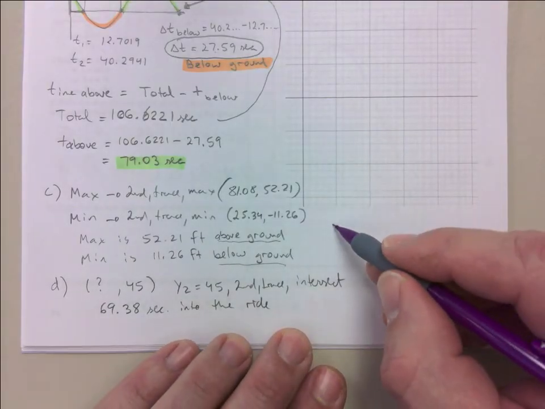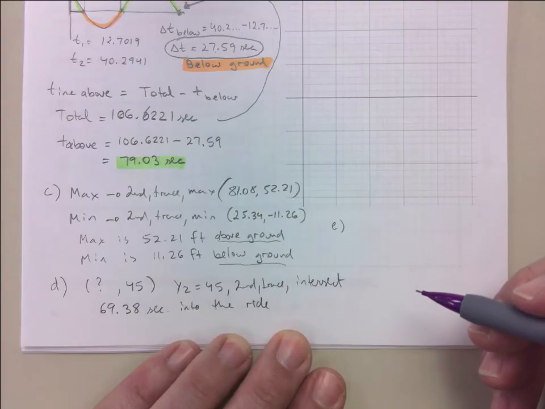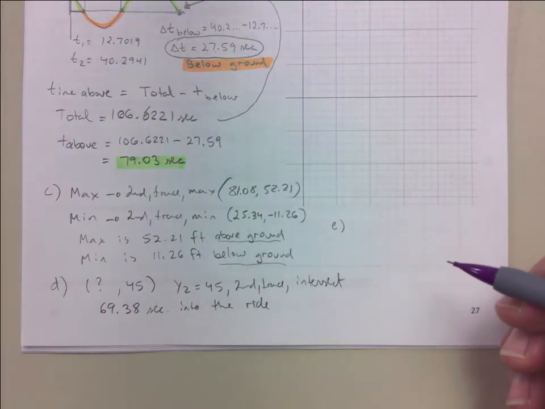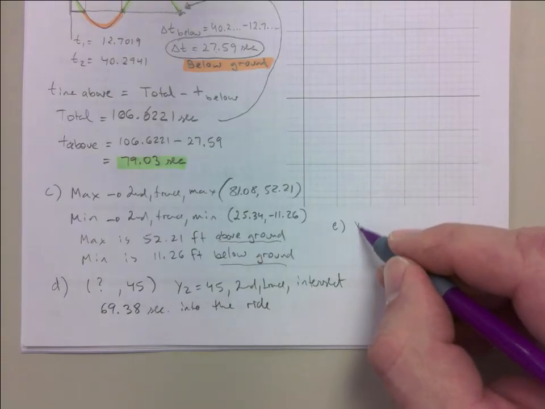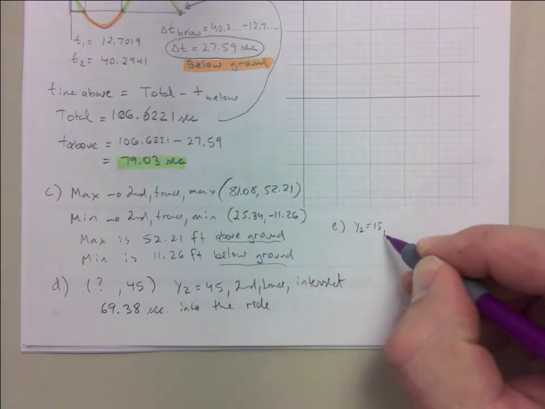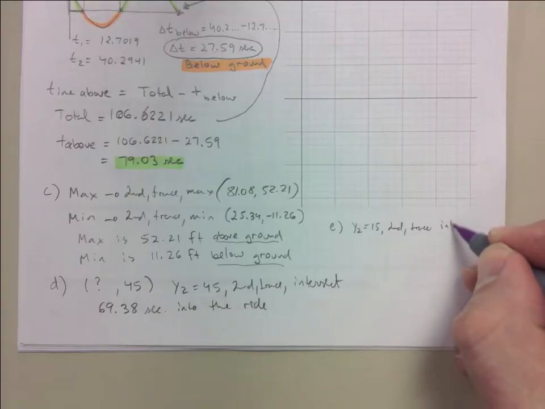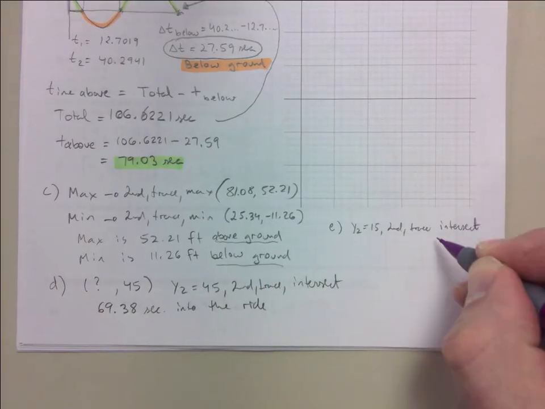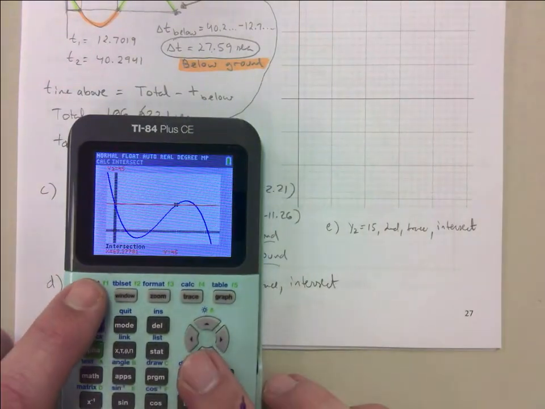E is asking for how long the ride stays at or above 15 feet. You let y2 be 15. You go second trace, intersect. Grab your calculator.